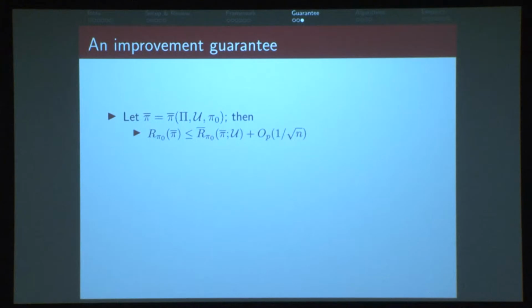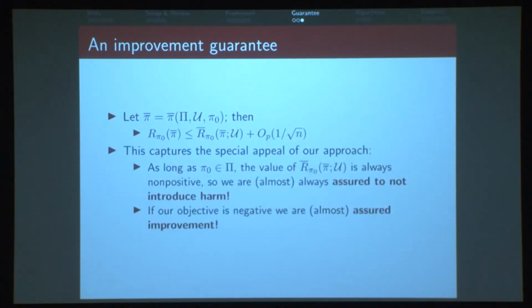Okay. So we get this guarantee about the pi bar policy that we chose. And we show that the regret is bounded like this. And let me explain why this really captures the special appeal of this approach for policy learning from observational data. As long as we put pi naught in our set of candidate policies cap pi, which is our choice, we chose what cap pi is, just put pi naught in there, then we can always play pi naught. Playing pi naught guarantees zero regret.